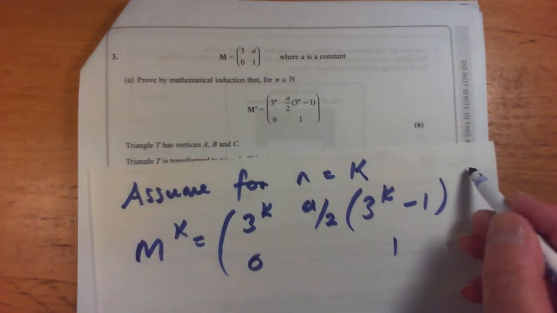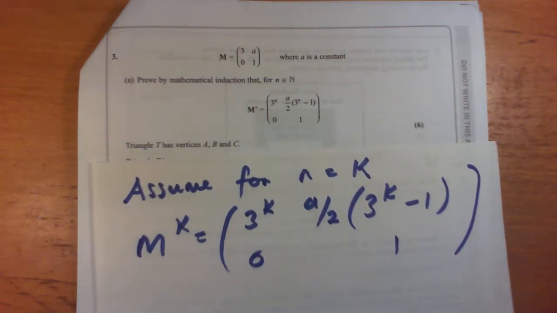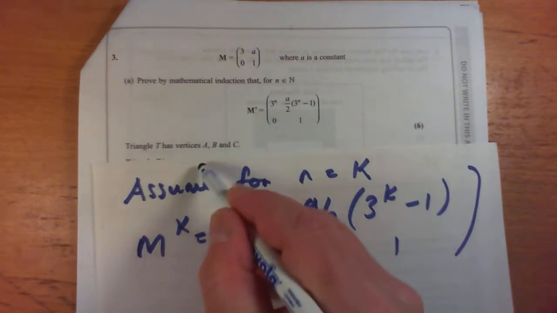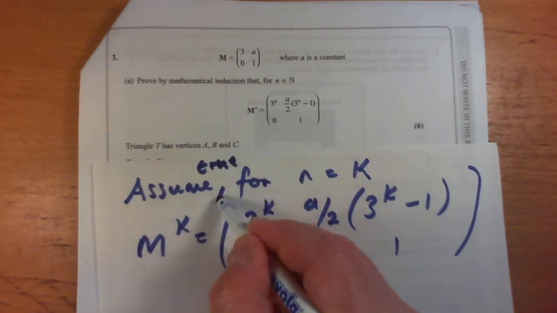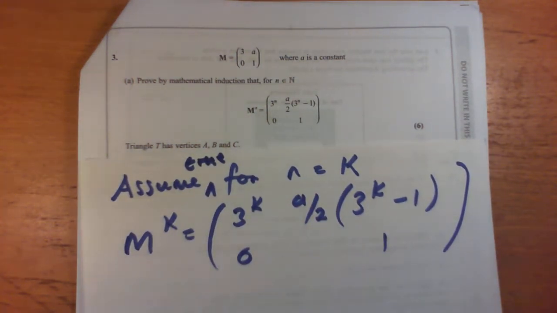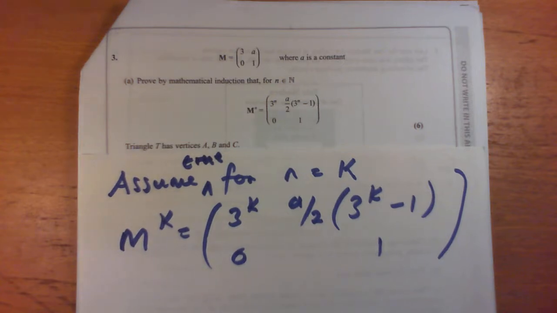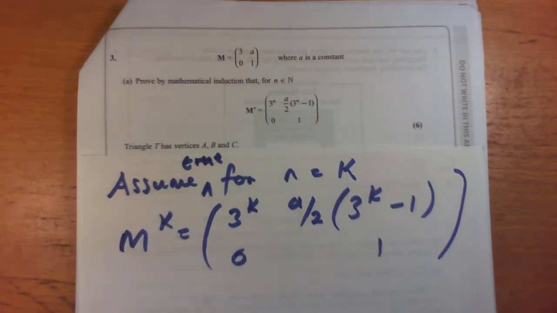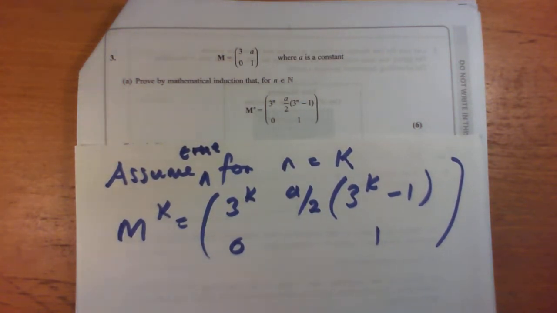A lot of people are quite loose on this and say n equals k and then put this down, but the rigorous way to do it is to say assume this is true for n equals k, and then you'd say then for n equals k plus 1.